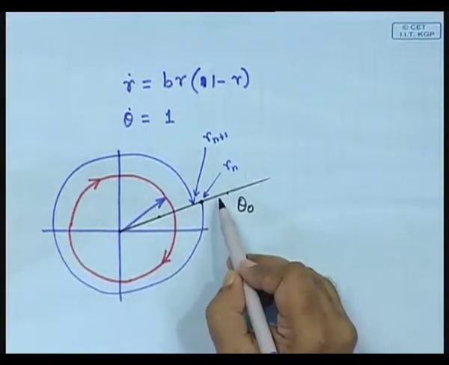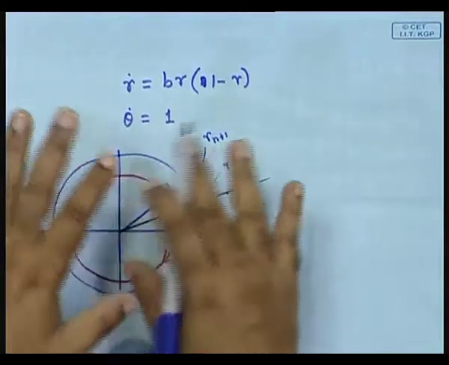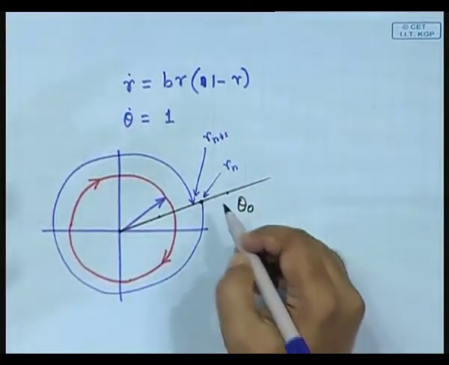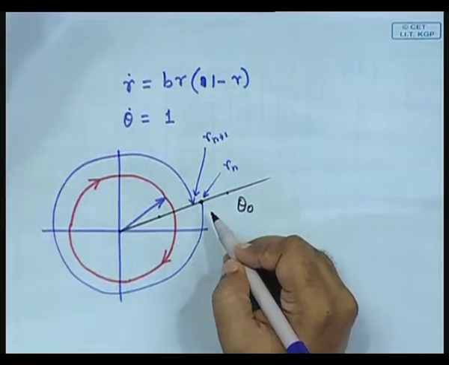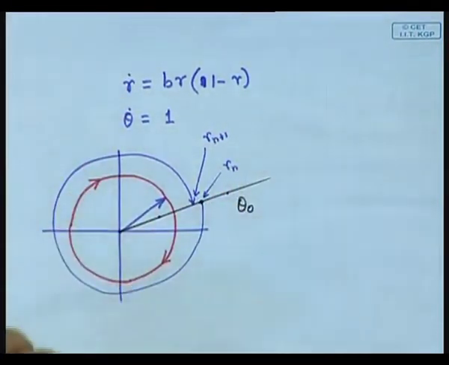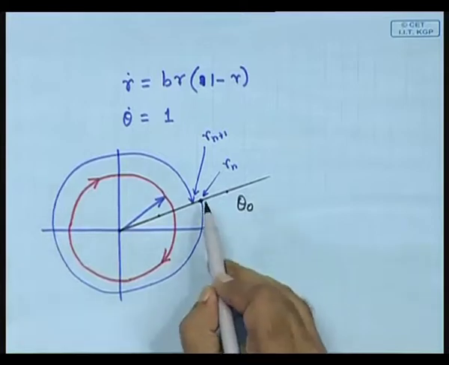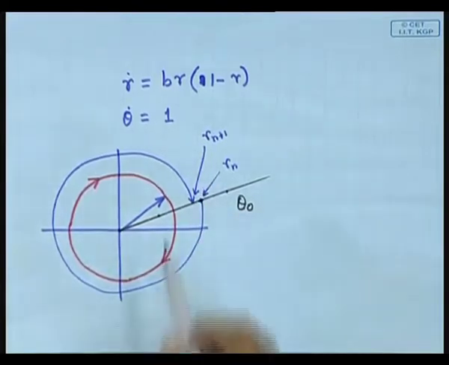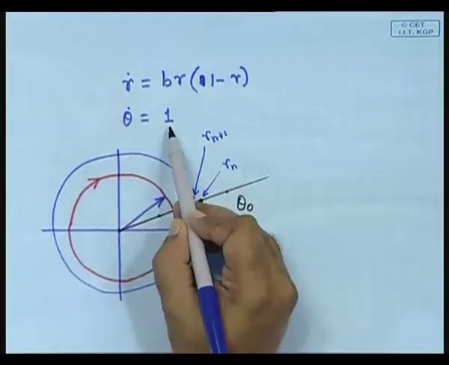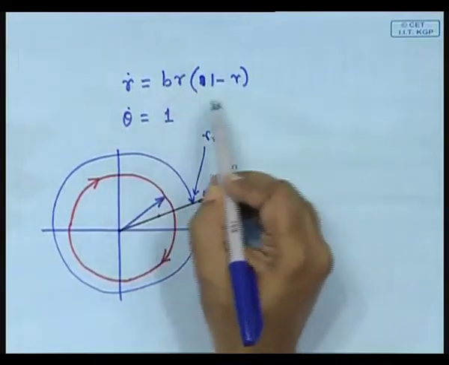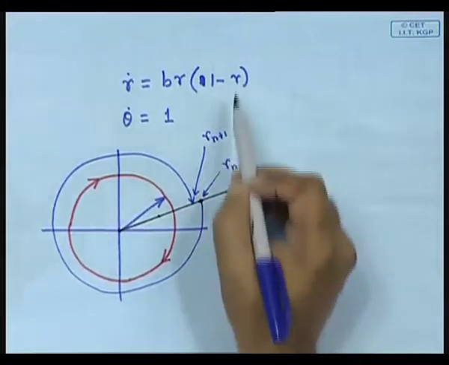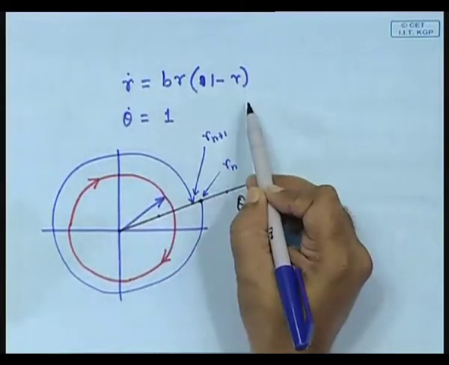After having constructed the map, we should be able to answer the question starting from any point, where does it land next? Okay. Let's go about doing it, then it will be clearer. So, how do we obtain r n plus 1 in terms of r n? Since these two equations are not coupled, theta does not appear in the first equation, we can solve the problem simply by integrating this. So, that is what we will do.